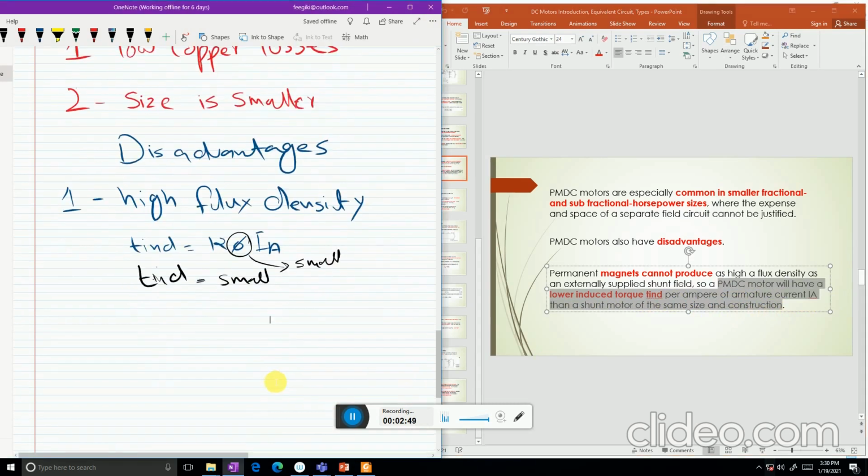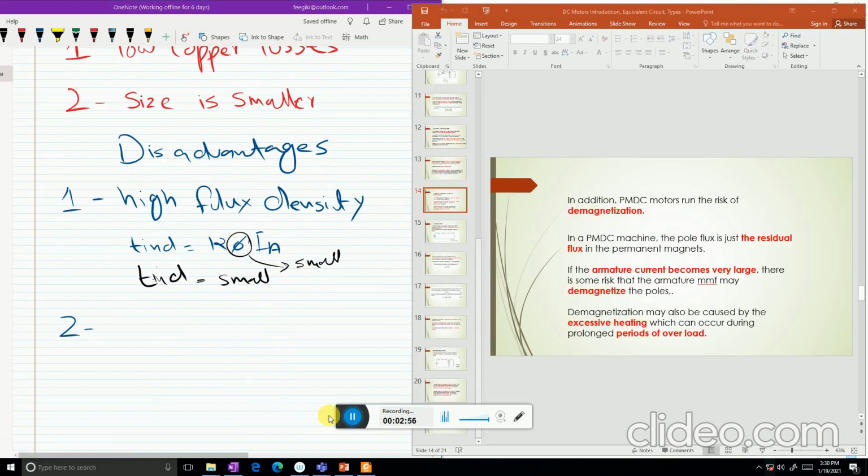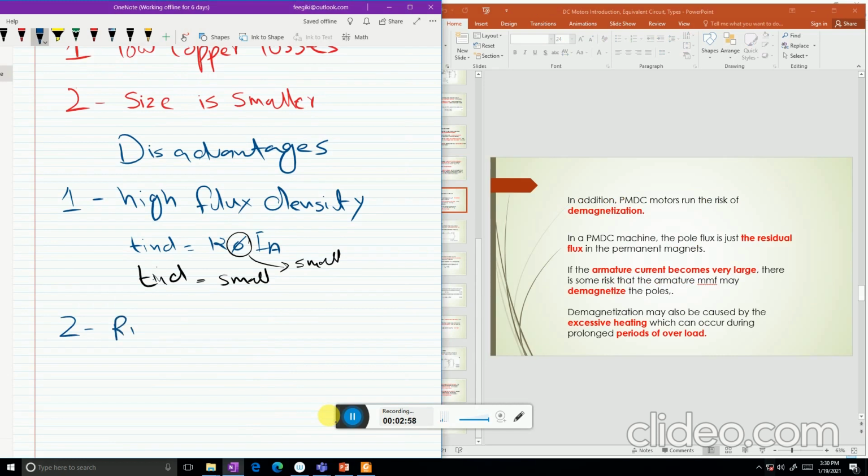And its second disadvantage is the risk of demagnetization.